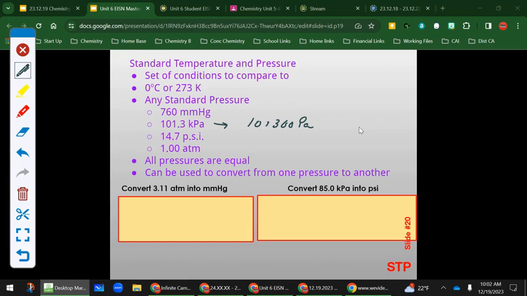Different unit, different number, exact same amount. Which means, ladies and gentlemen, we can use these to convert from any unit of pressure to any other. So if we want to convert from 3.11 atmospheres into millimeters of mercury, we are going to take 3.11.